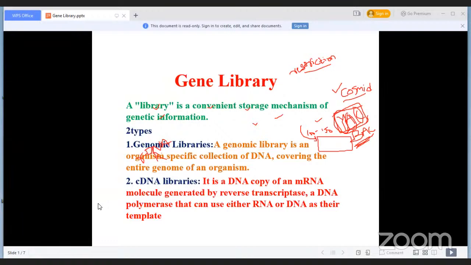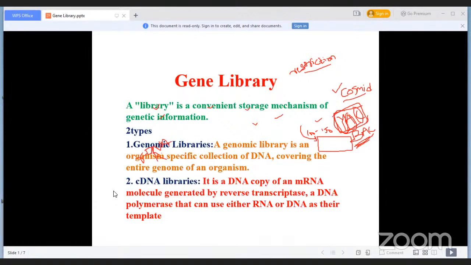What is a genome? No problem, say a wrong answer. Gene, right? Active segment of DNA, okay.